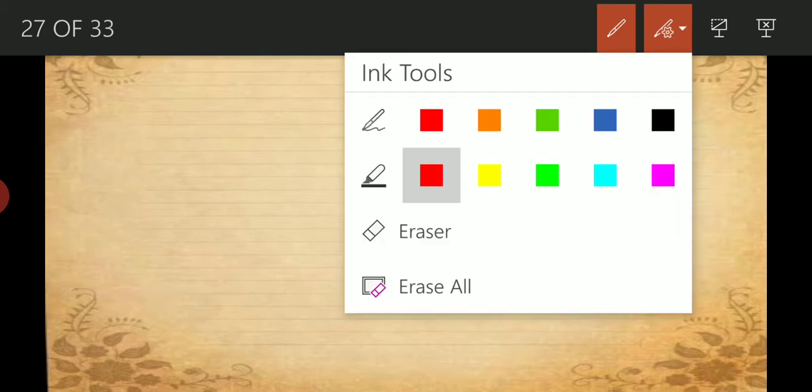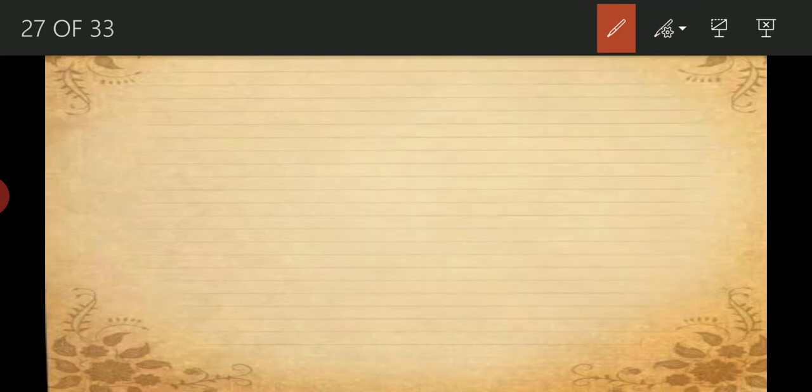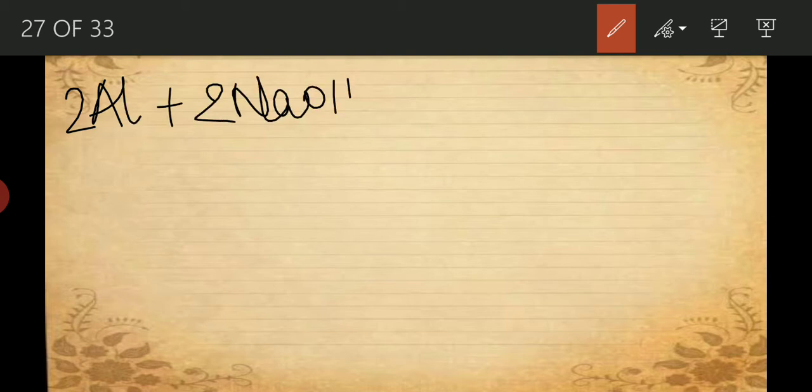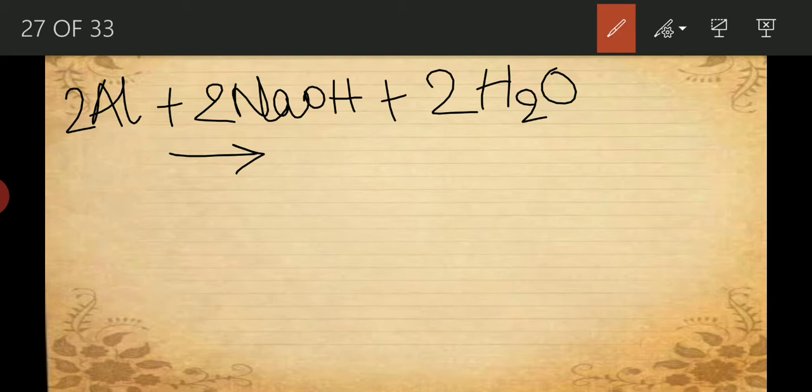Next metal is aluminium. Now, when this aluminium reacts with sodium hydroxide, in case of aluminium there is a special case. Here we have to add water along with the alkali. So aluminium, NaOH and water will give NaAlO2.